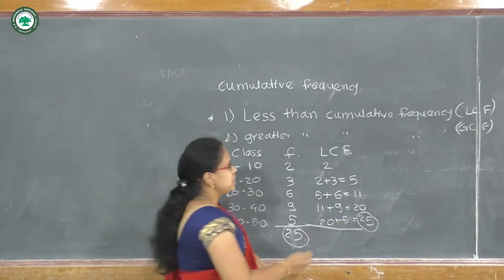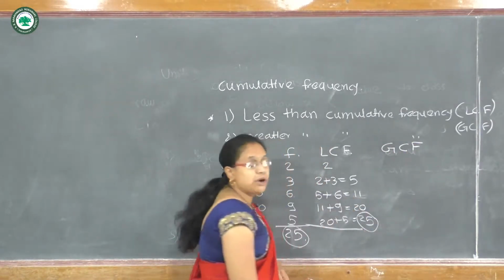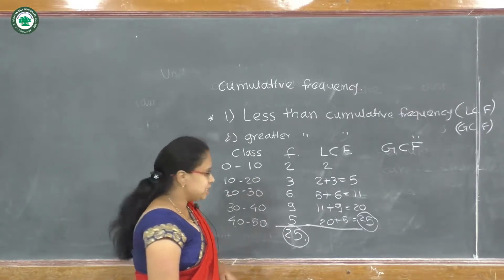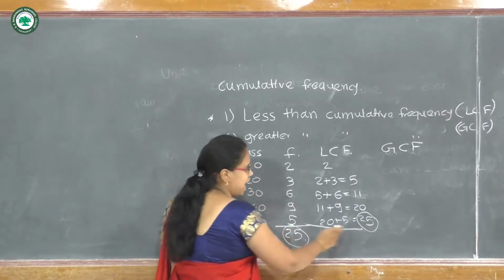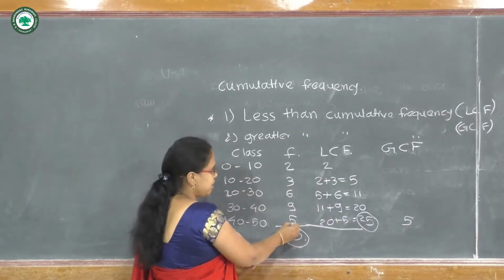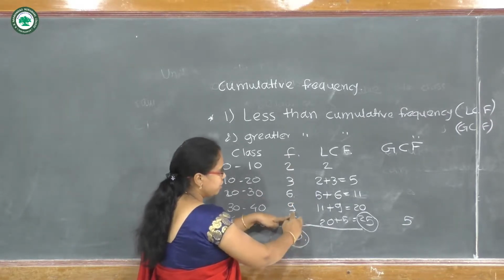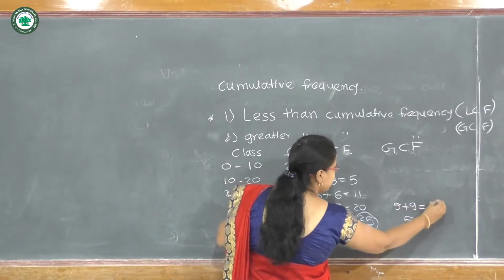And the same question, if we are asked to obtain above 40, then we have to calculate GCF first. The method of calculating GCF is we have to write the last frequency as it is, so 5 as it is. Then we are going to add from bottom to top. So 5 plus 9, which is 14.